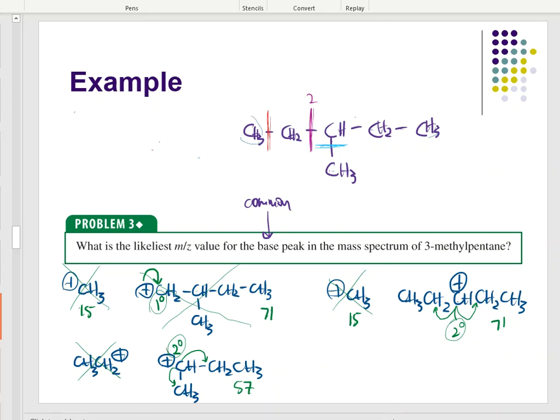Now, I've got this piece, which is secondary. That carries with it a 57 charge, 1, 2, 3, and 4. And I've got this secondary that carries with it a 71, a 1, 2, 3, 4, and 5-carbon piece. So which one's the most common? How do I determine this?